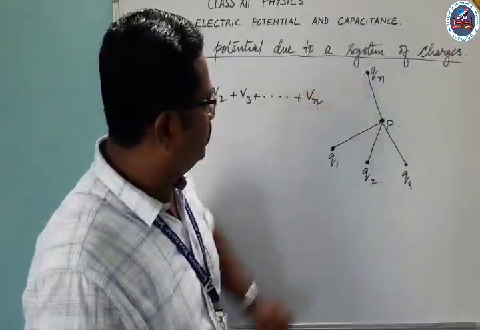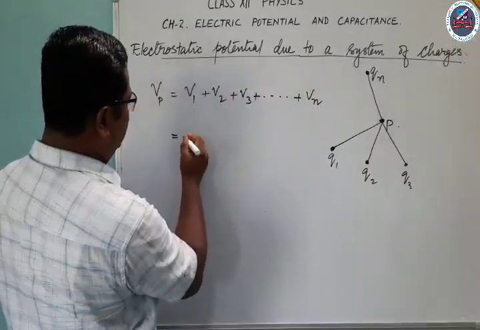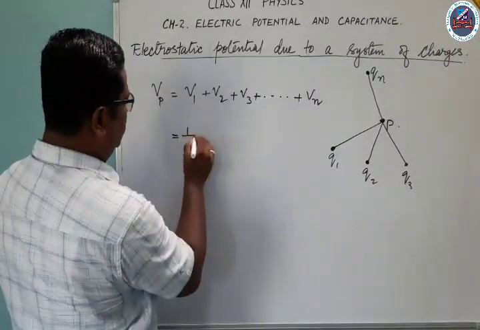charge Qn. Now you know the formula for potential, you simply have to add it: 1 by 4 pi epsilon naught.